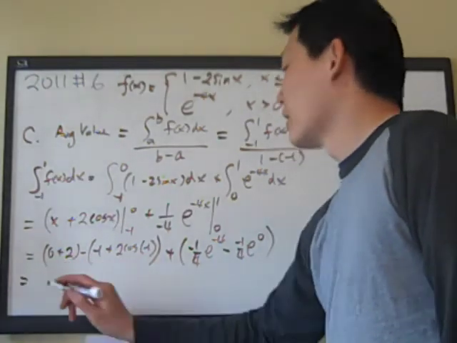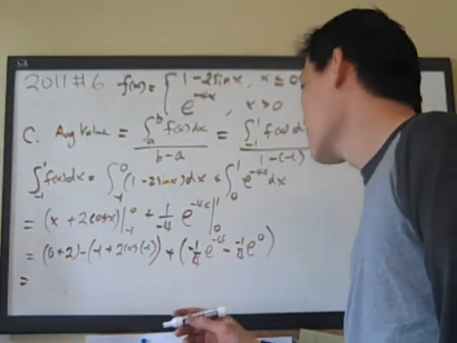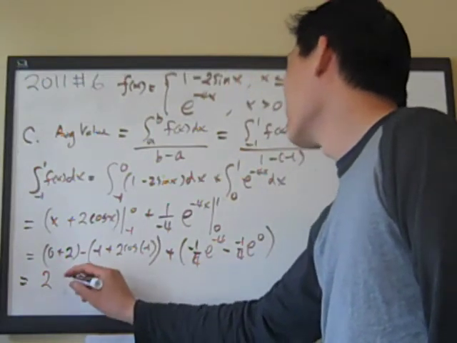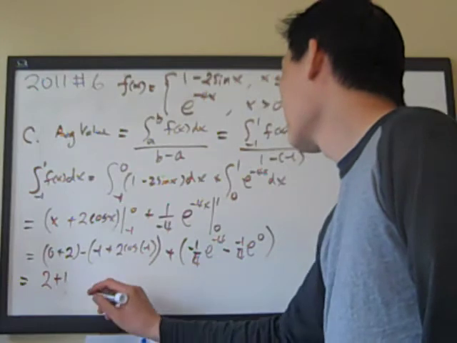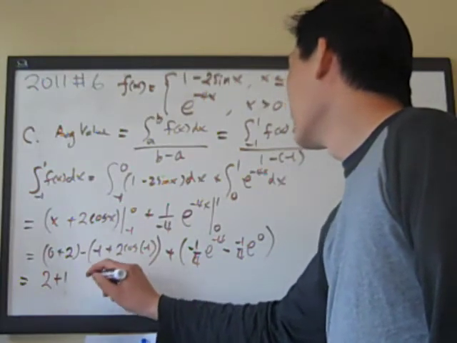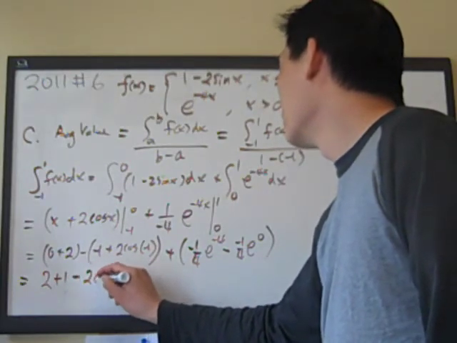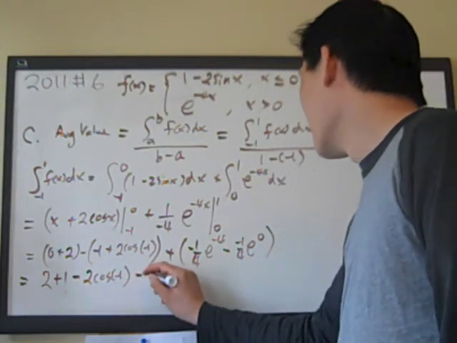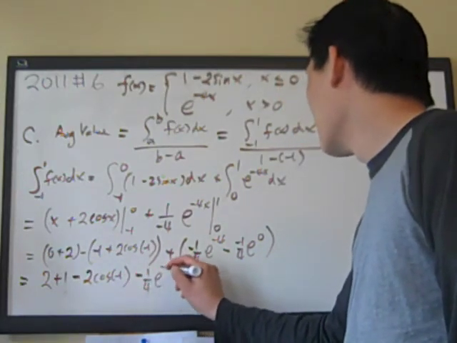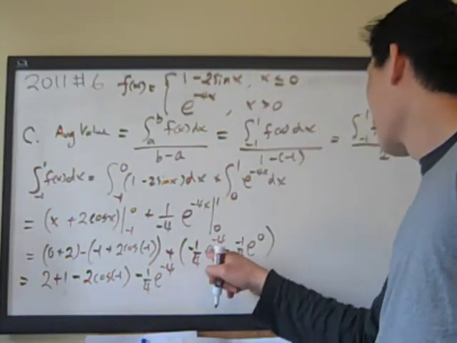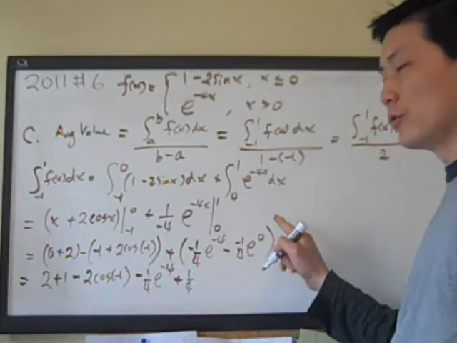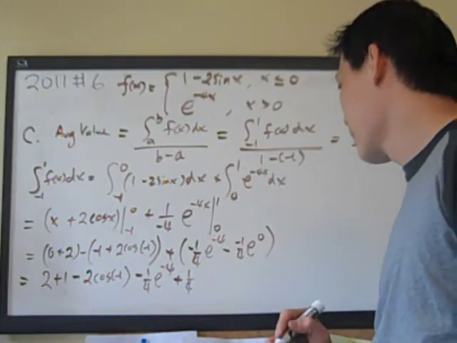So this is just a matter of arithmetic. We get 2 minus and minus becomes plus, so that's plus 1. Minus 2 cosine of -1. This is minus 1/4 e to the -4, and this will be plus 1/4, and e to the 0 is 1.